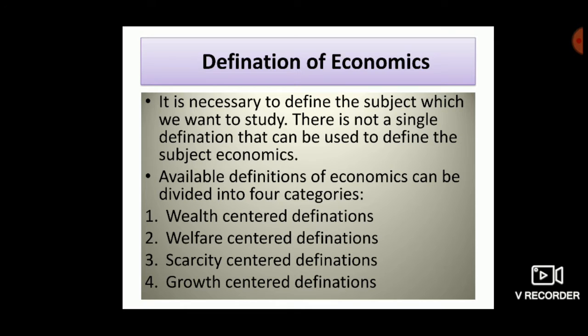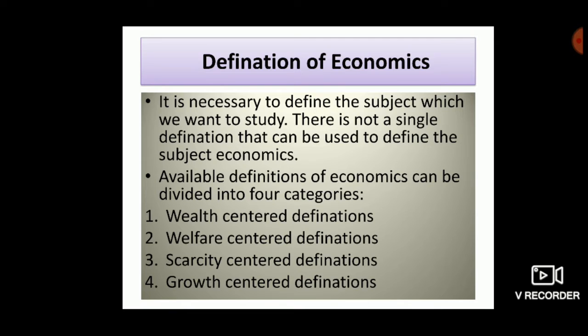Economics as a discipline has evolved over a long course of time, and several economists have made contributions to it. Interestingly, different groups of economists followed different sets of definitions.